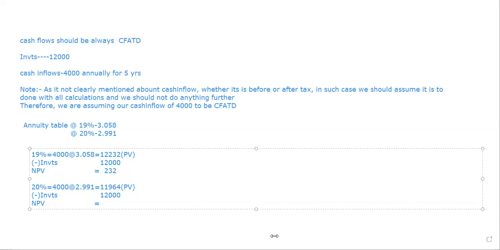If you do, you're going to get 36, that is minus 36. So here I got minus 36 as a value. So one, a positive NPV I got, the other one I got a negative NPV.